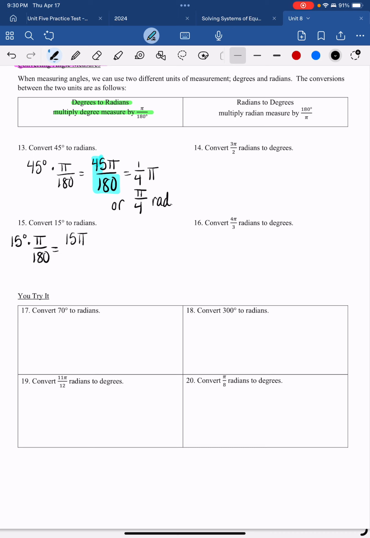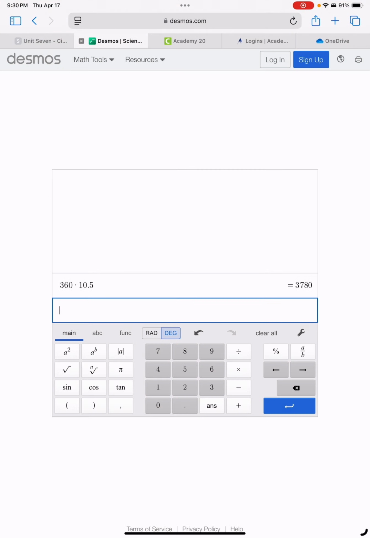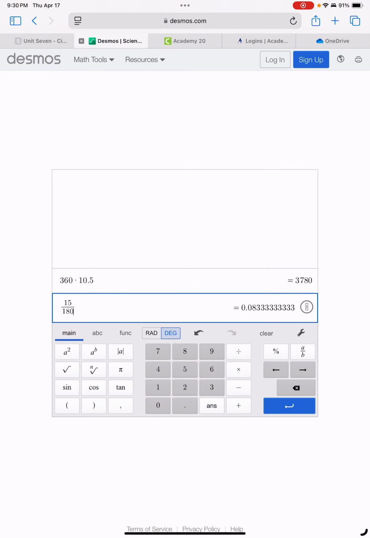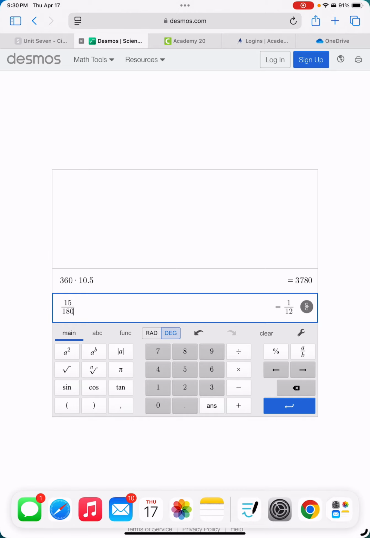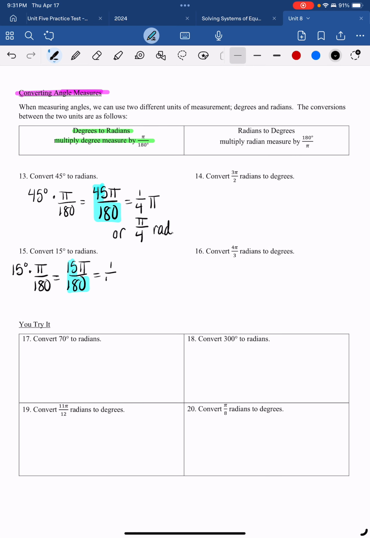Then we're going to use our calculators to reduce the fraction of 15 over 180, not typing the pi. So we have 15 divided by 180, reducing that fraction, that's 1/12. So we end up getting 1/12 pi, which is pi over 12 radians.